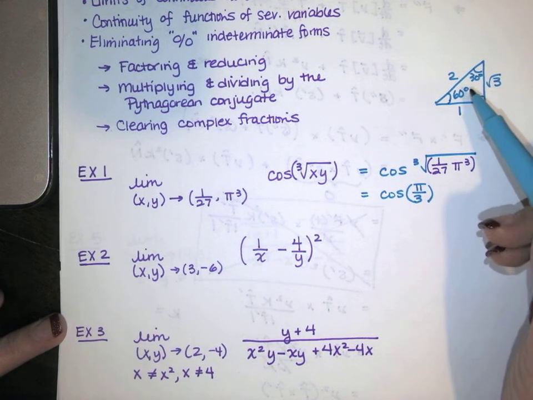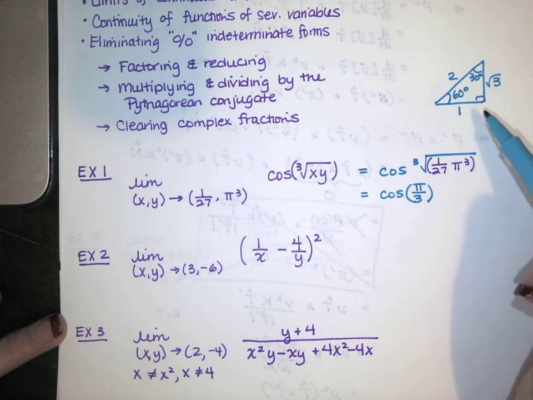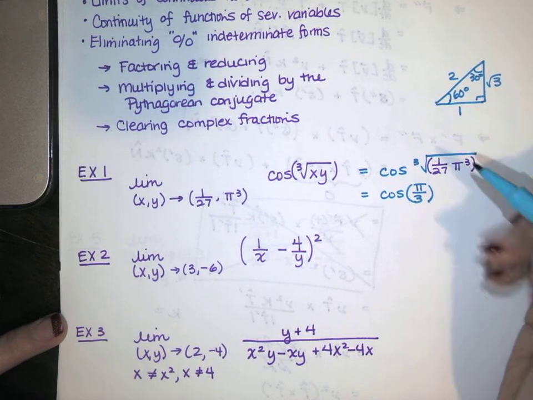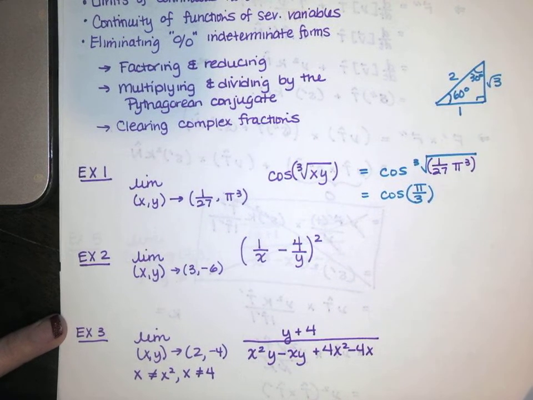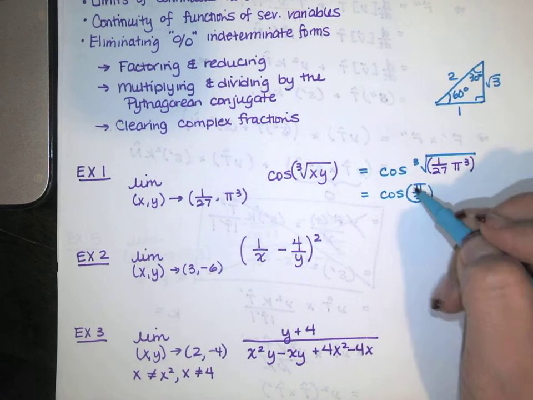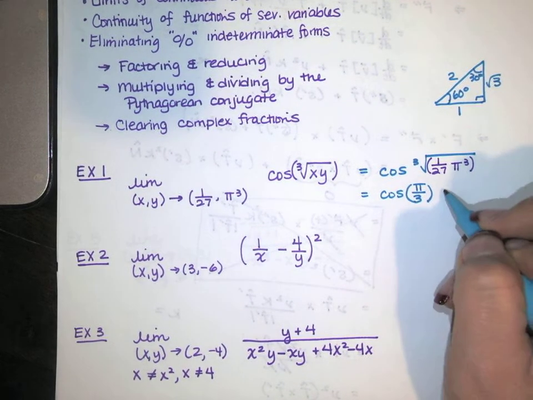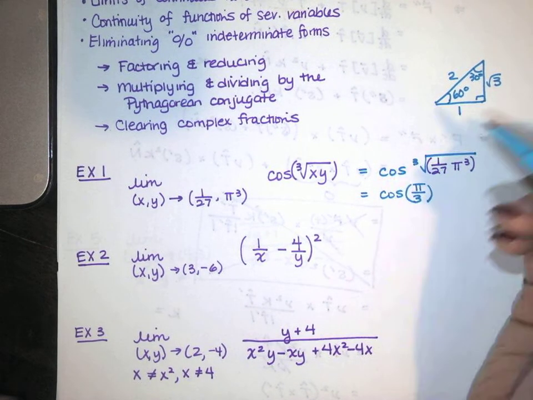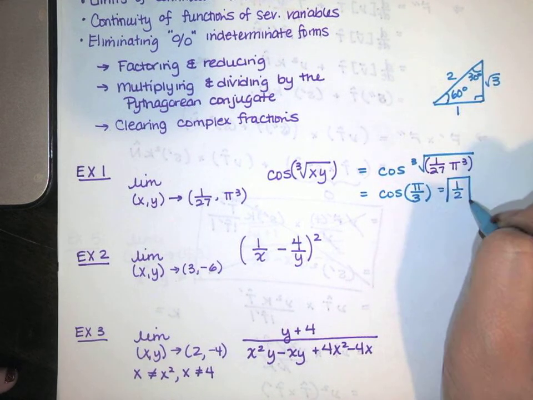So according to this, the cosine of 60 is adjacent over hypotenuse. Remember, SOHCAHTOA, adjacent over hypotenuse, is going to be 1/2. And 60 degrees is the same as pi over 3 radians, because pi is 180. 180 divided by 3 is 60. So the cosine of pi over 3 is 1/2. That's the value of the limit.